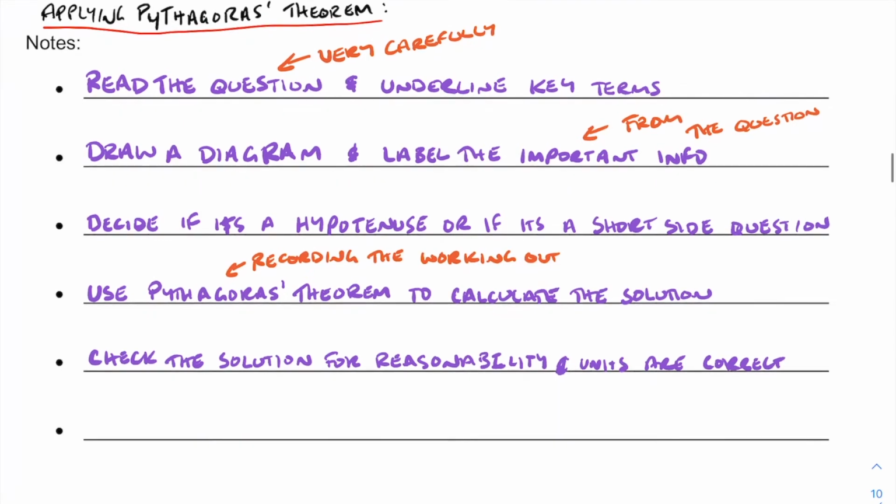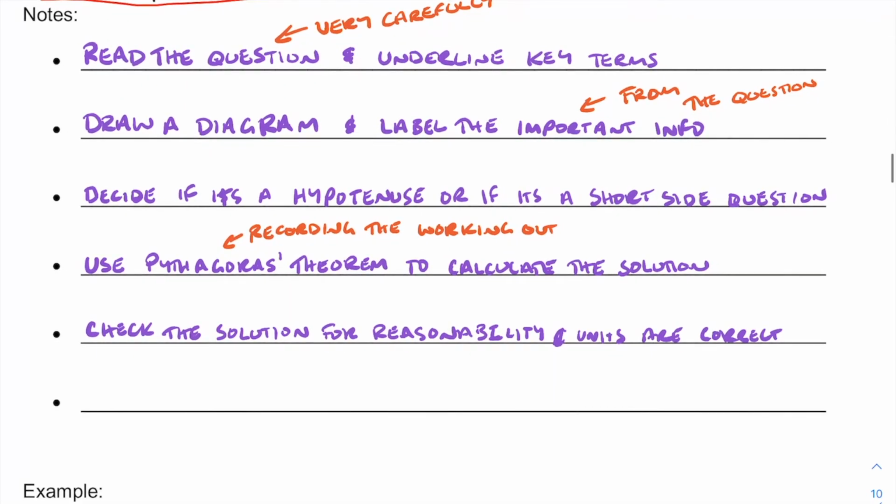And because it is a word problem, we are going to put our answer in words. So we are going to explain the answer, or the solution, in words, just to make sure that we've answered the question.